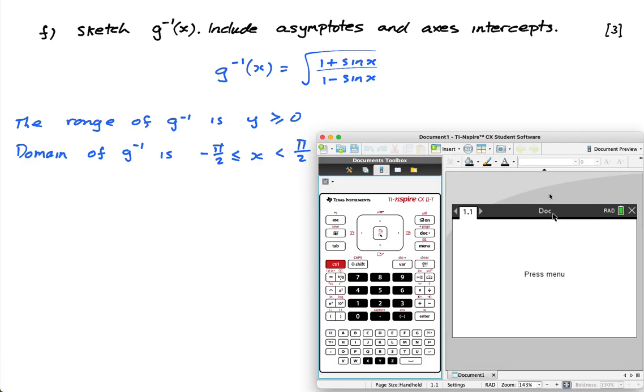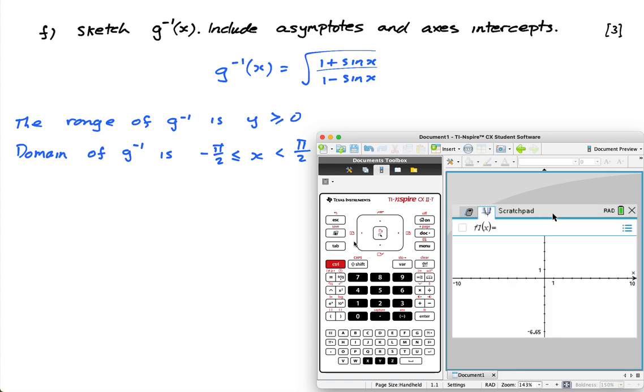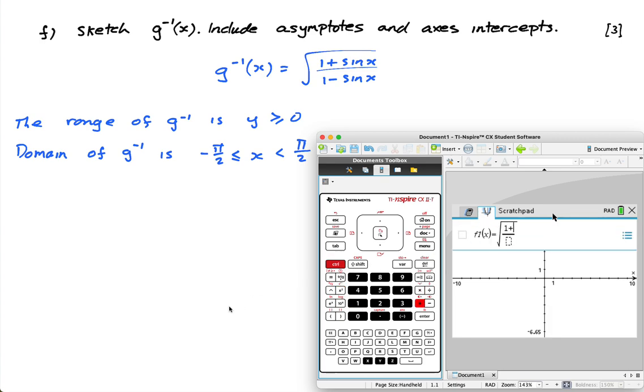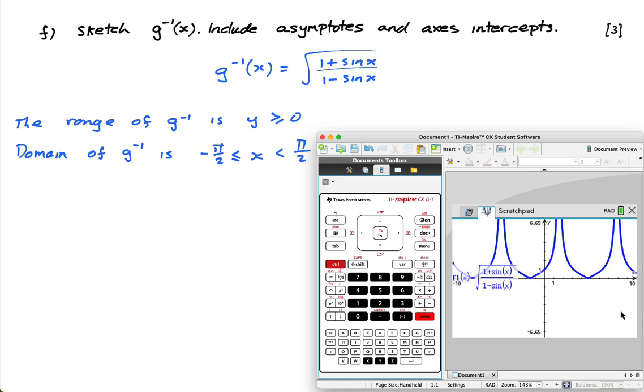So let's just sketch it on the calculator to see what's happening. So I have the square root of 1 plus sine x over 1 minus sine x, and it looks something like this.